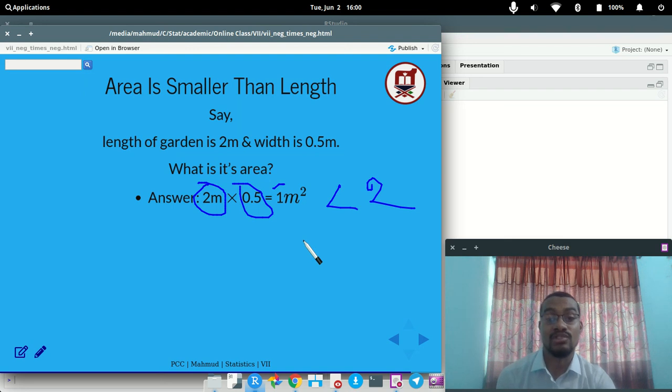Actually, you cannot compare length with area, because the unit of length is meter and the unit of area is square meter. You cannot compare meters with square meters. You cannot compare one unit with some other unit. For example, say you have 20 mangoes and someone else has 20 or 25 lychees.